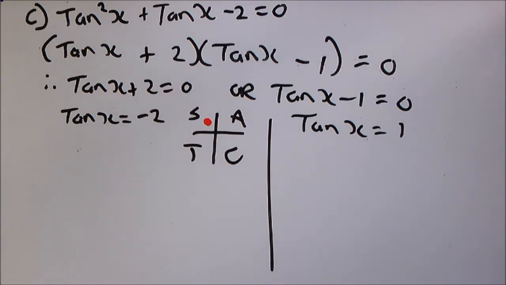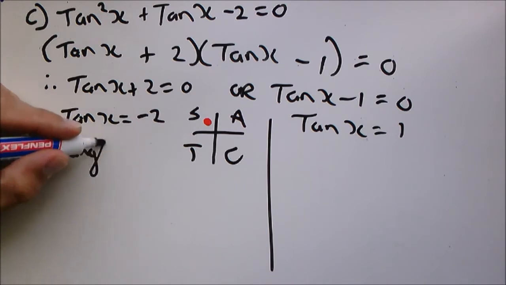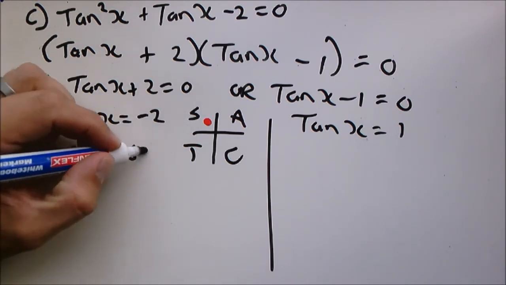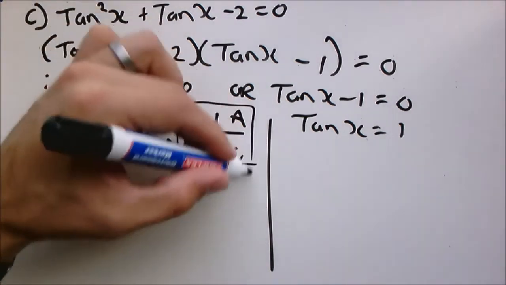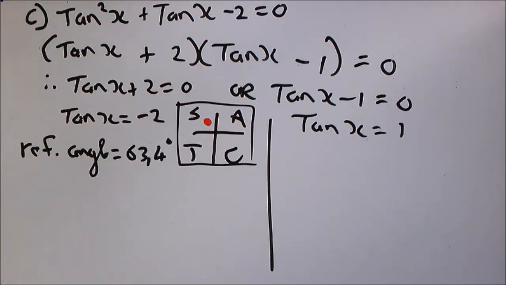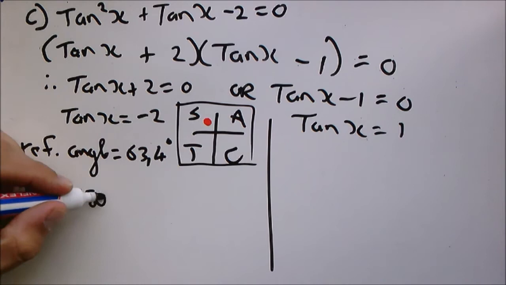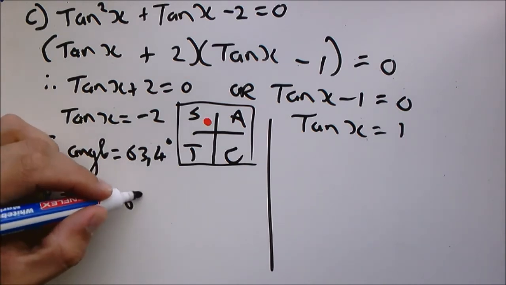Now we need to get a reference angle. So you say shift tan of 2, and then you get your reference angle as 63,4 degrees. Okay, therefore x will be equal to 180 minus 63,4.